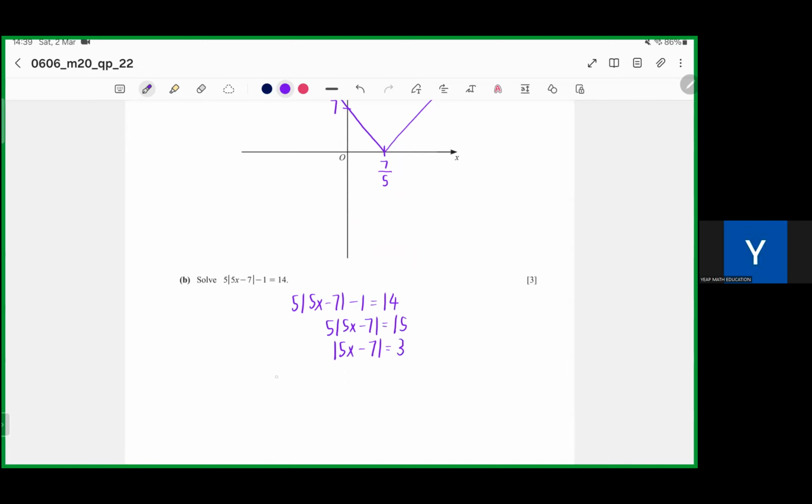Okay, so we can put it out. 5x minus 7 equals to 3. And one more is 5x minus 7 equals to negative 3. So 5x equals to 10, so x equals to 2. And then here 7 minus 3 is 4, so x equals to 4 over 5.